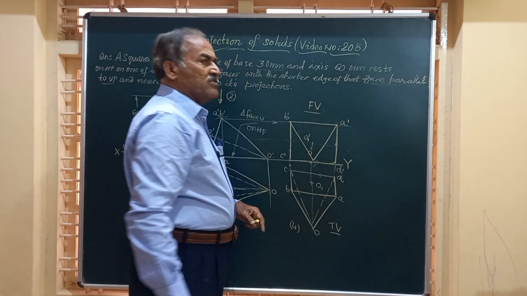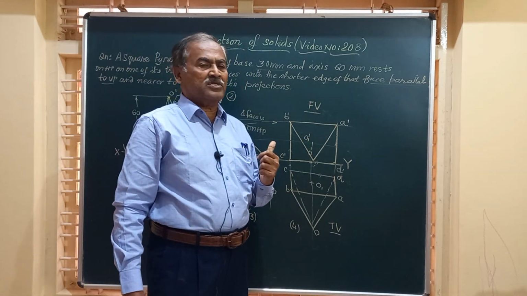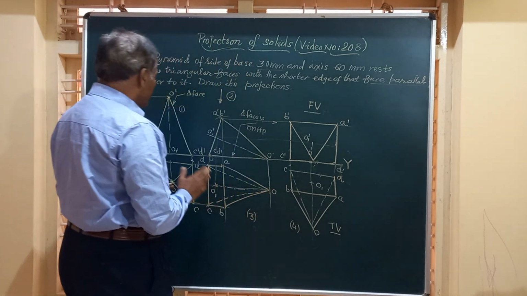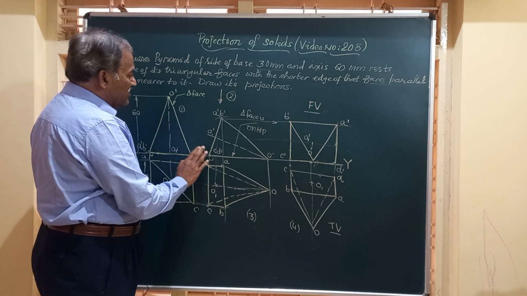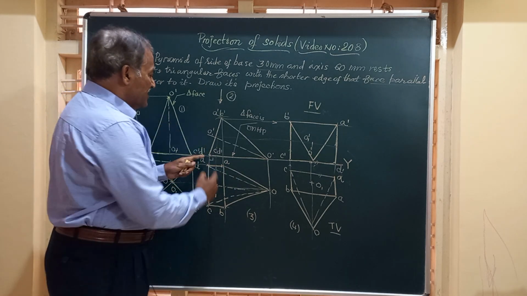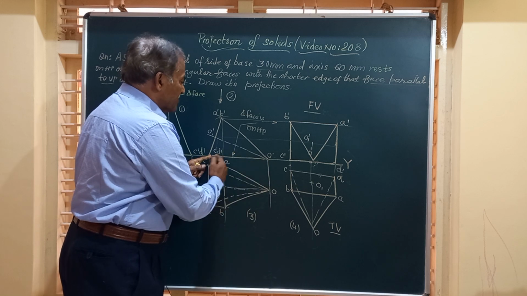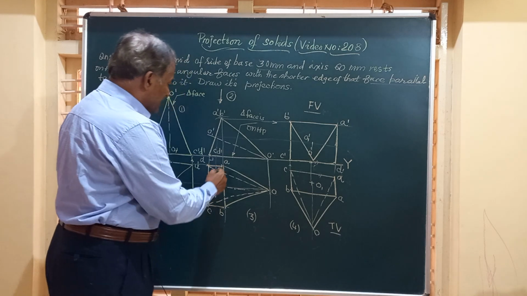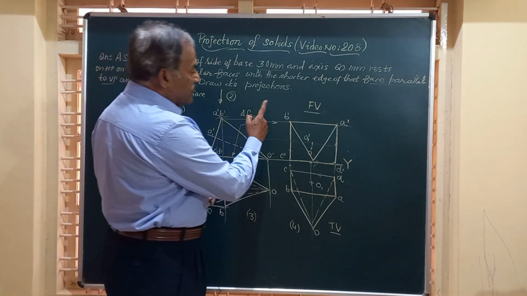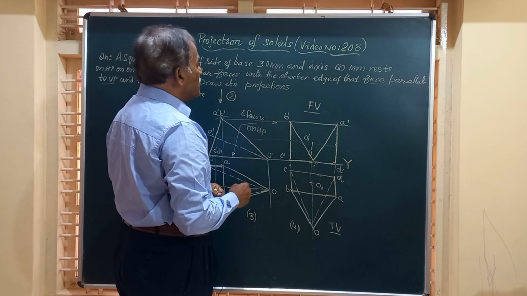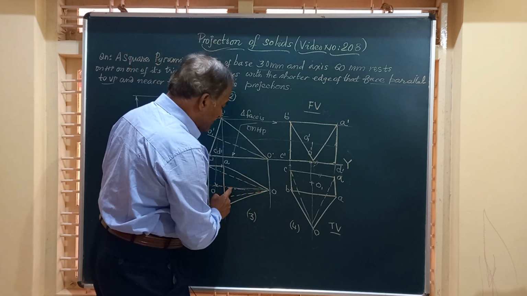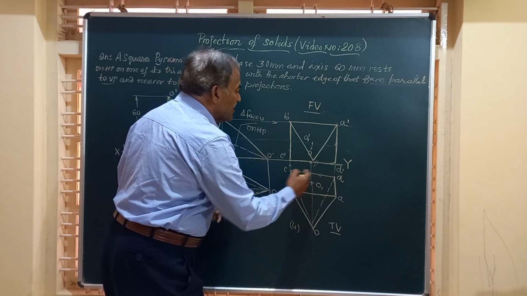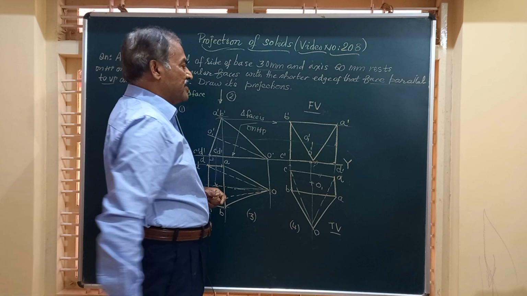And to verify whether the solution we have got for this question is right or wrong, let us have a small check. Friends, you can see here the pyramid is resting on one of the triangular faces. The triangular face is OCD, that is on HP, and the shorter edge of that is the CD, that CD is perpendicular. But in the question it says it has to be parallel to VP. So I have drawn this figure here by rotating through 90 degrees so that CD becomes horizontal, and obtained the front view.